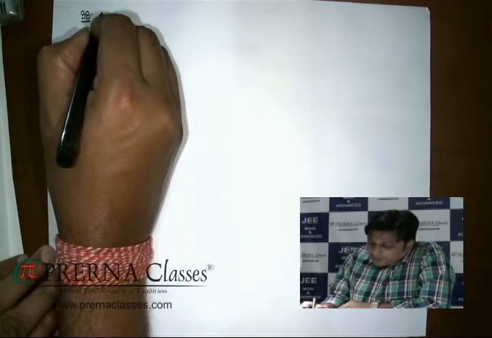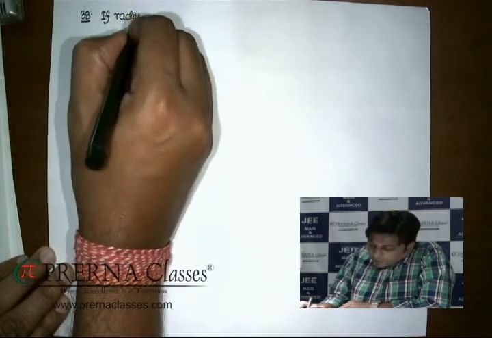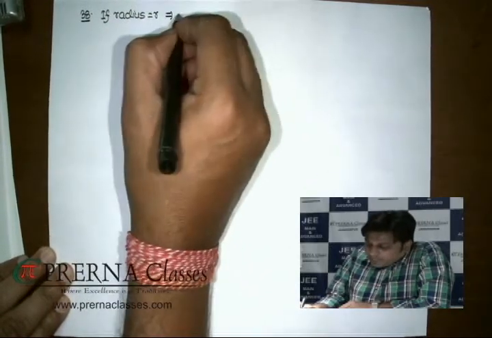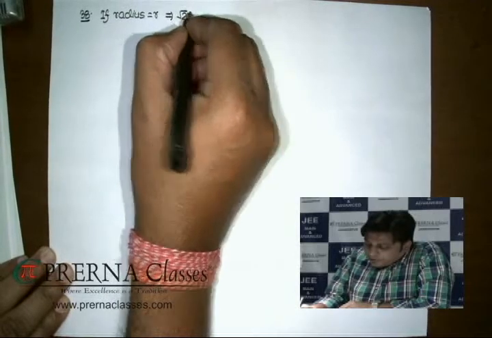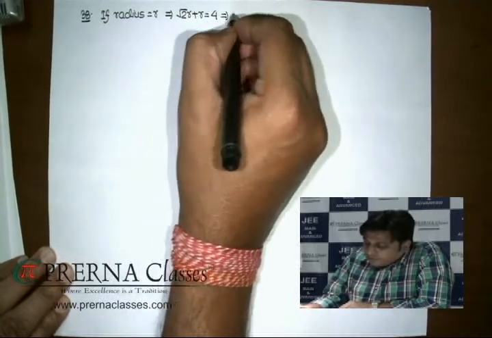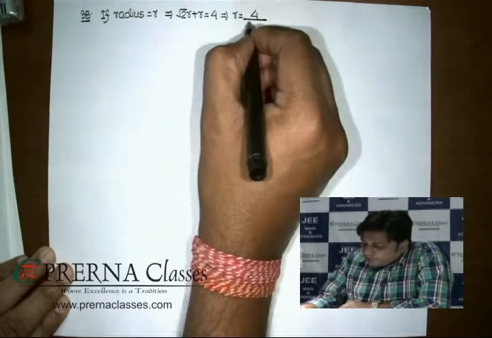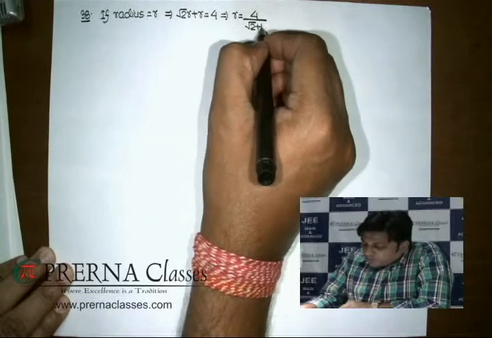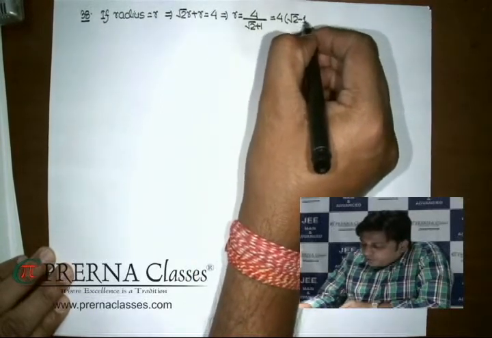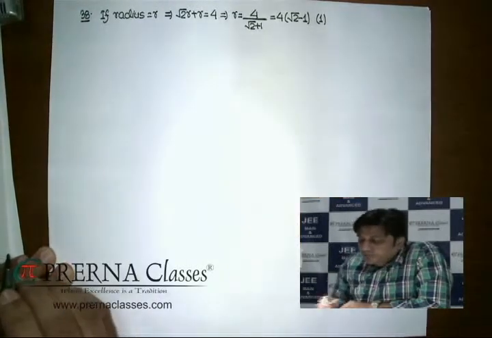Note that if you assume the radius is r, what that implies is root 2 r plus r equals 4. Therefore, r is going to match with 4 by root 2 plus 1. That is going to be equivalent to 4 into root 2 minus 1. Therefore, the first option is the correct one.